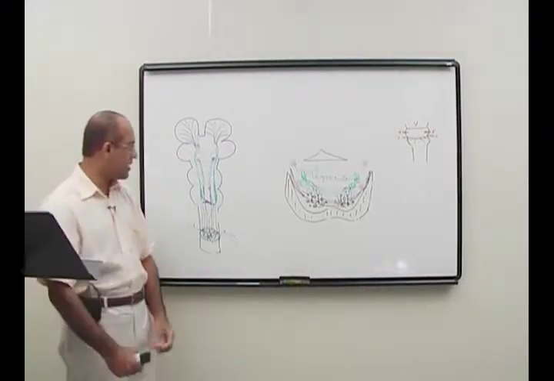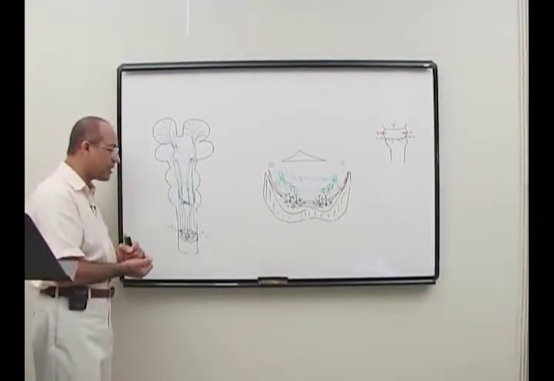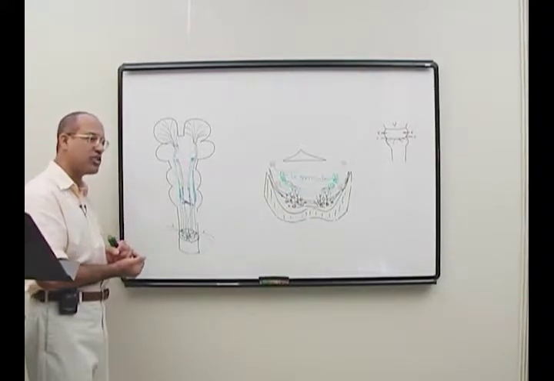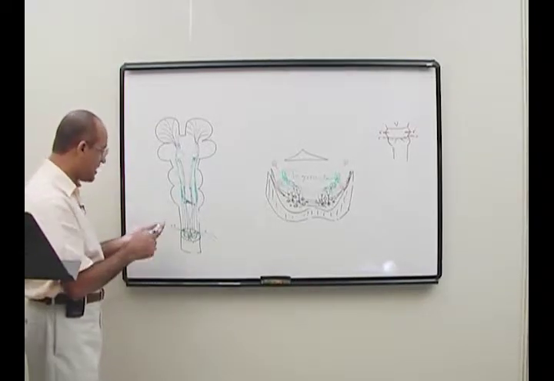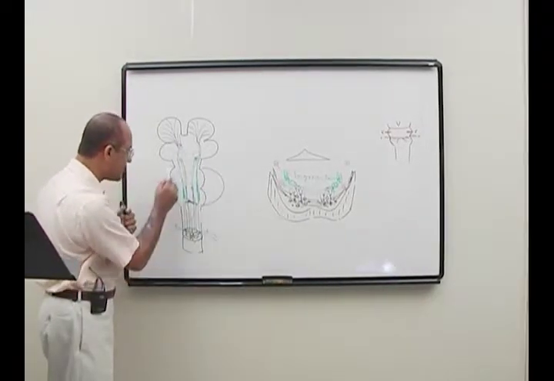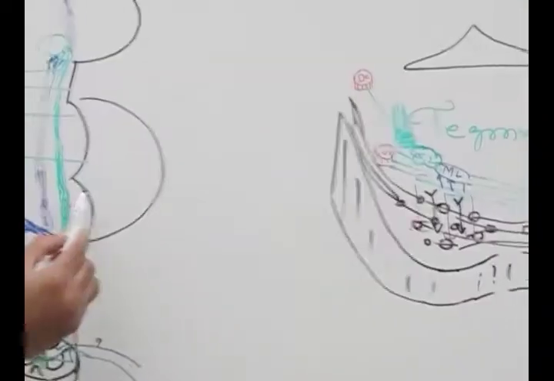Now another thing. If you remember, there was something called spinocerebellar fibers and spinocerebellar tracts. You remember that? Okay. And of course, you know the cerebellum should be here, isn't it? Right? And what is this?